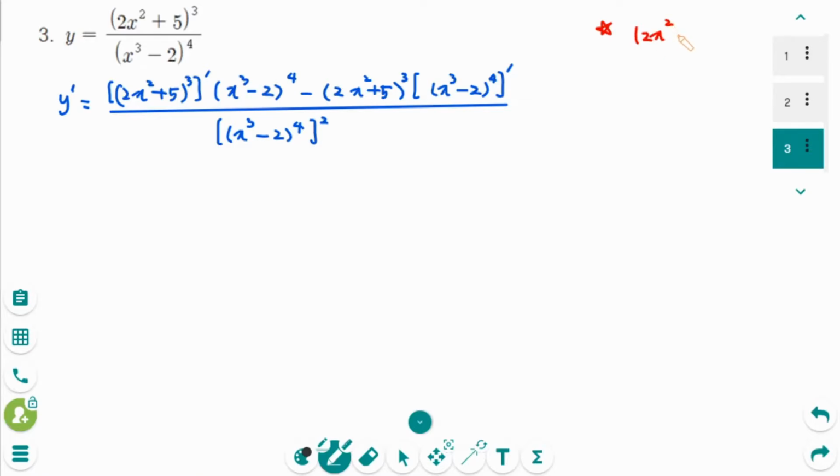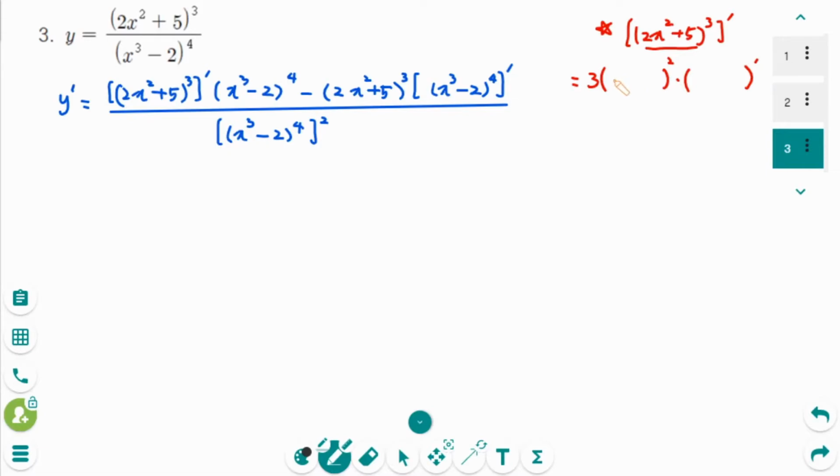(2x² + 5)³, prime. Think this one is u³, so 3u² times u'.